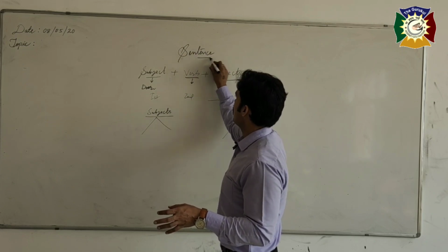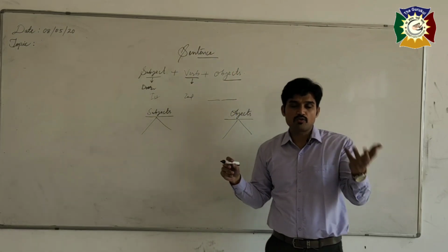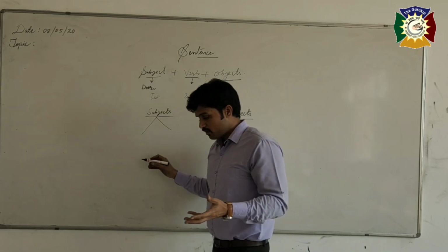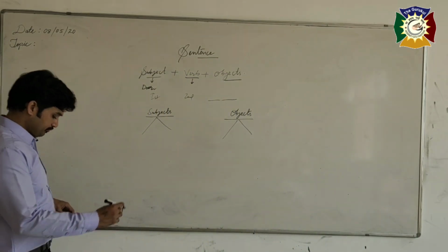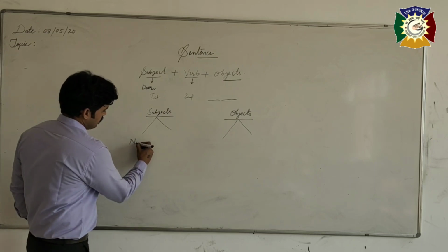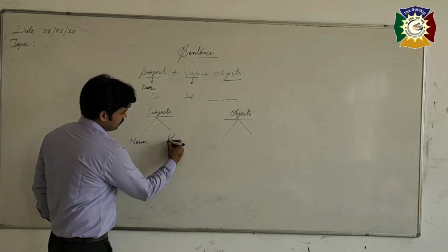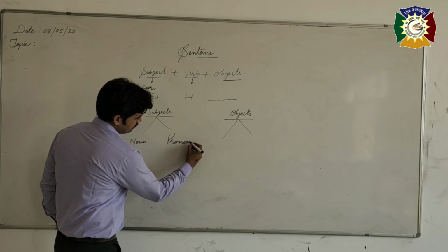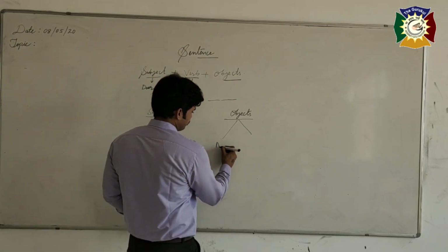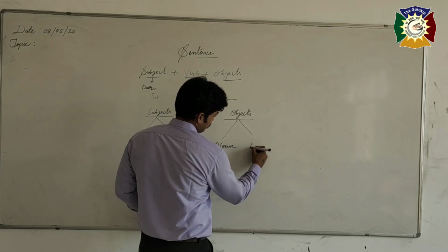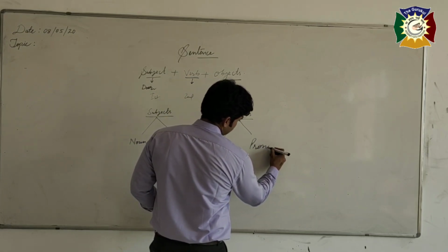We are learning what a sentence is and how to make a sentence. Subject or object, they both come from noun or pronoun. Same goes here, noun and pronoun.